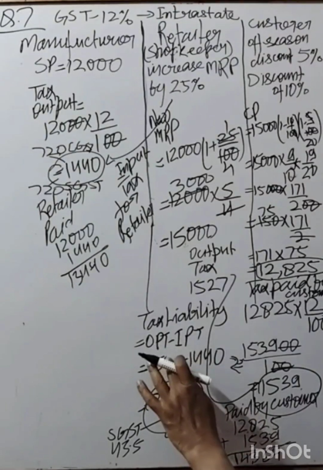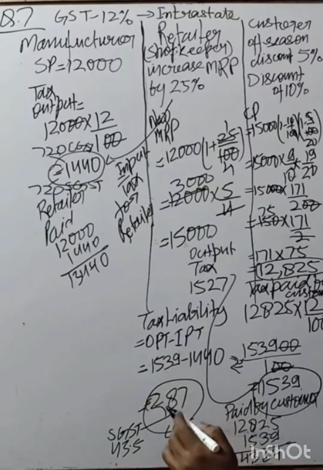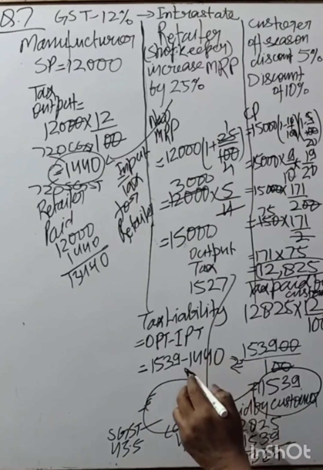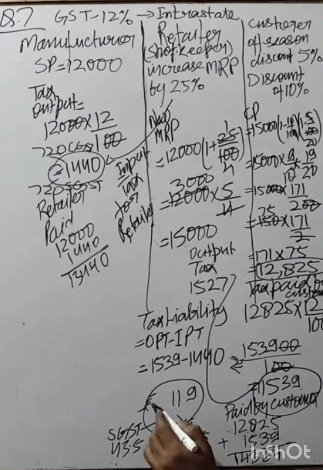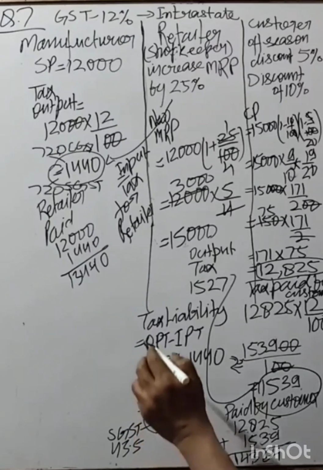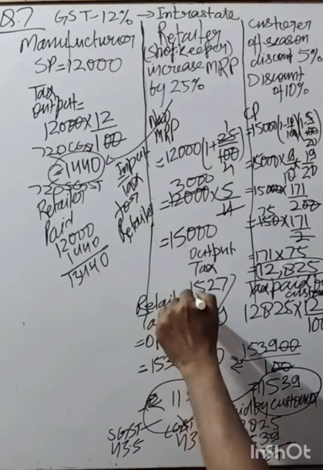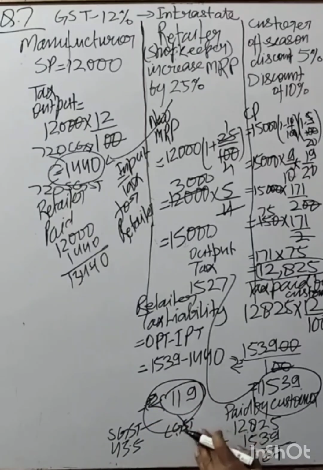But now here again we have a problem. It is 1539 minus 1440, so there is 99... 119? Right? So the tax liability of the retailer is 119. So they will pay 59.5.